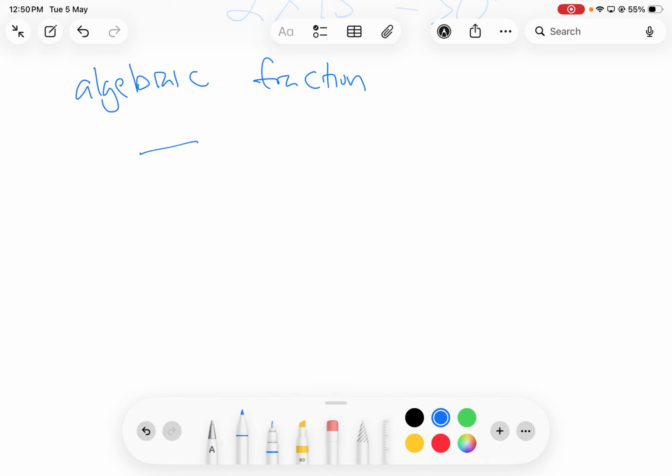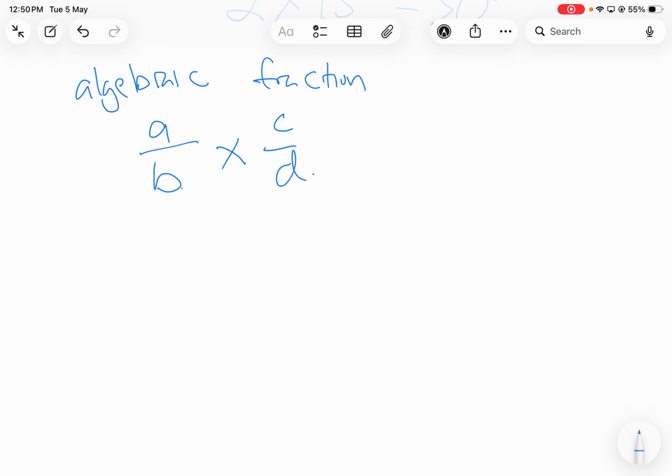Jairus can tell me: algebraic fraction. So we are dealing with fractions, and then we proceed on to fraction multiply fraction. Okay? So what is the most important thing in all these fractions?